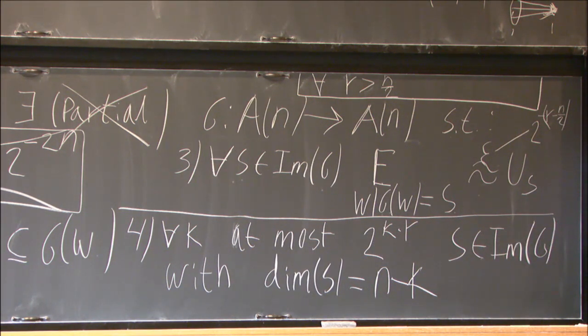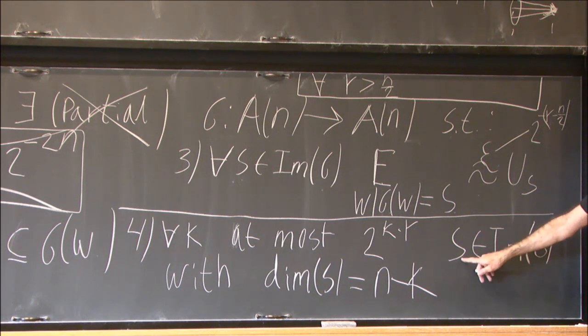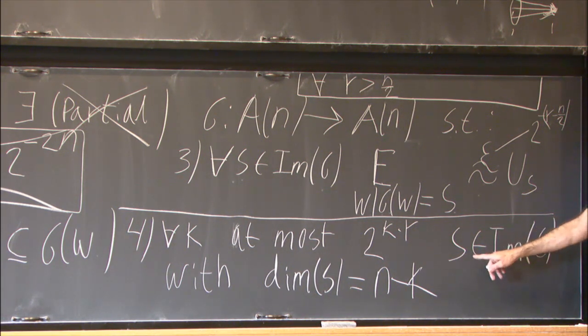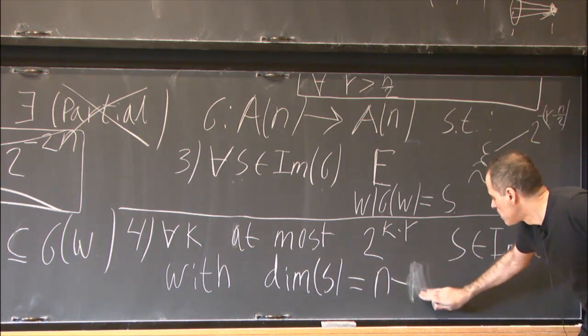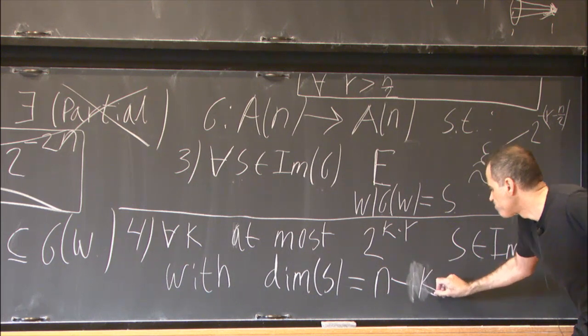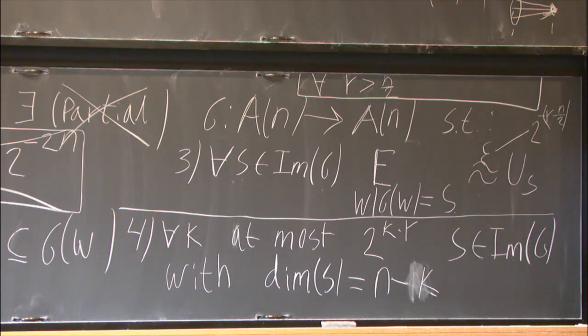So the fourth condition is very important to bound the size of the branching program, the width of the branching program. It says that for any k, there are at most 2 to the k times R elements in the image of sigma such that their dimension is n minus k. Dimension n minus k corresponds to a set of equations of dimension k.